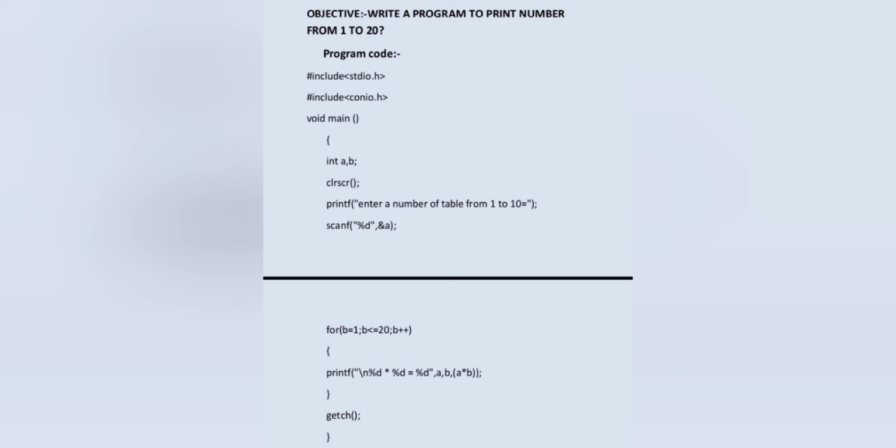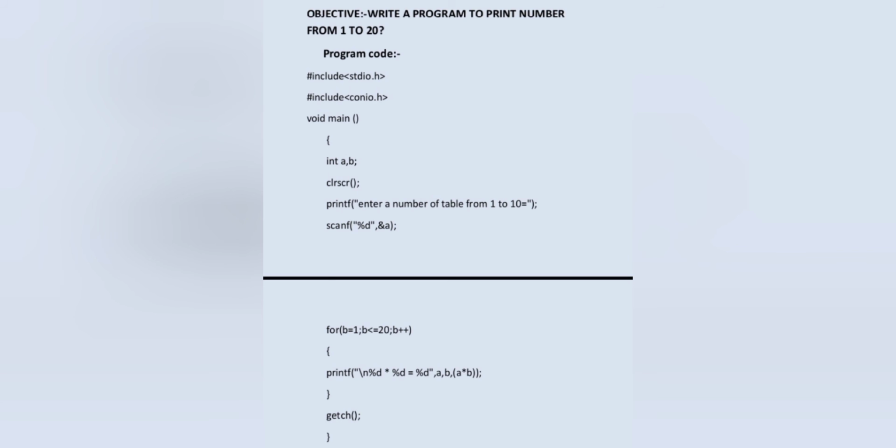This is a C++ program. Write a program to print numbers from 1 to 20. It means this is the even number table. In this program, there is a function stdio and there is also a function conio. Both are used in this program, and void main is also a function. Firstly, int a, b, clrscr, printf enter a number of table from 1 to 10.